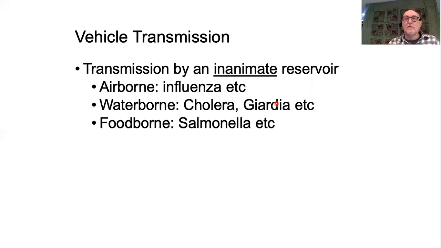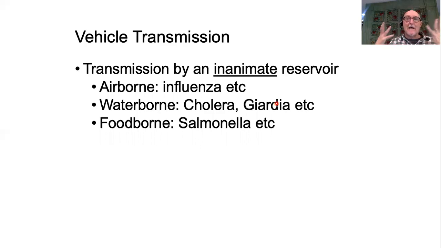Okay, I think I'm going to just finish with this slide and talk to you. This takes us back to the idea of inanimate reservoirs. I mentioned, for example, how cholera was transmitted by water, etc. We recognize 3 major inanimate reservoirs.